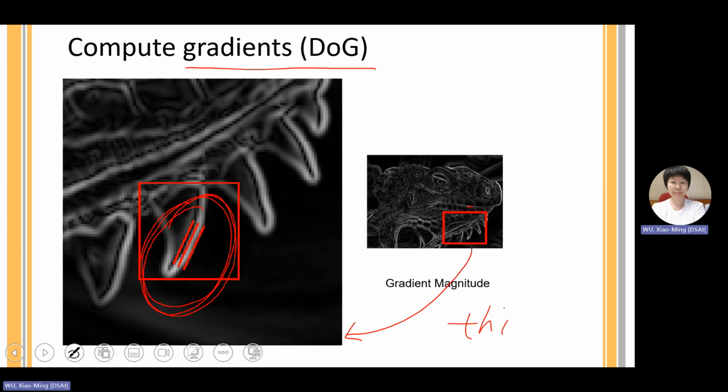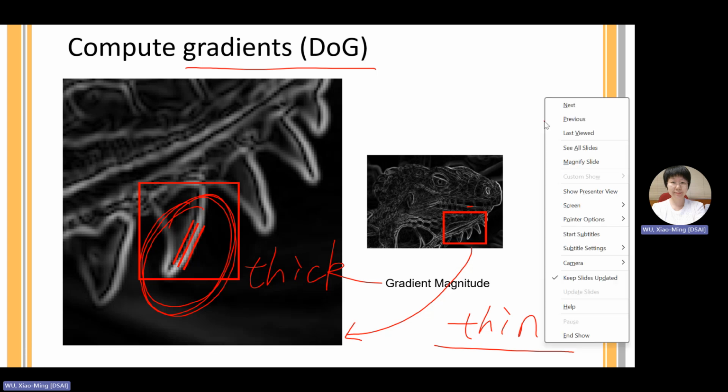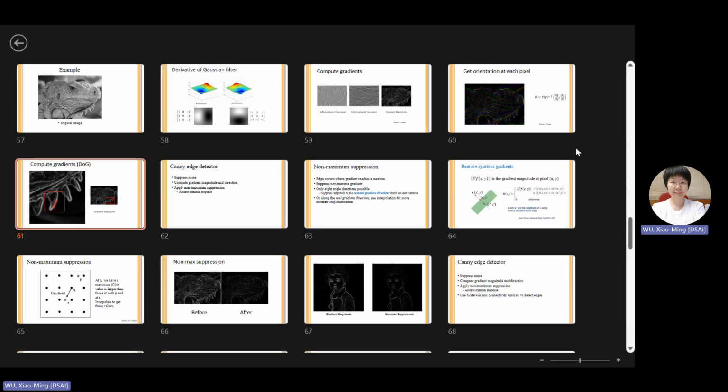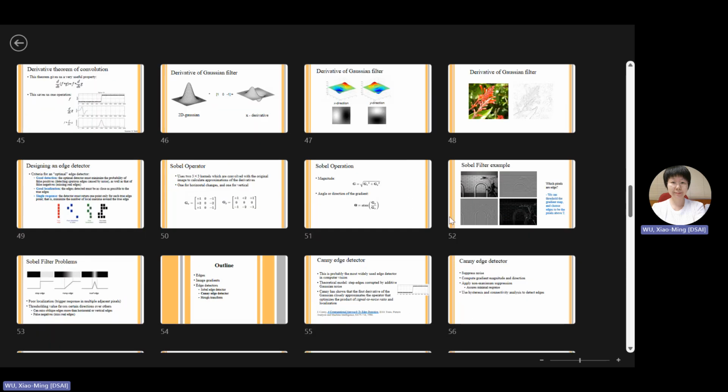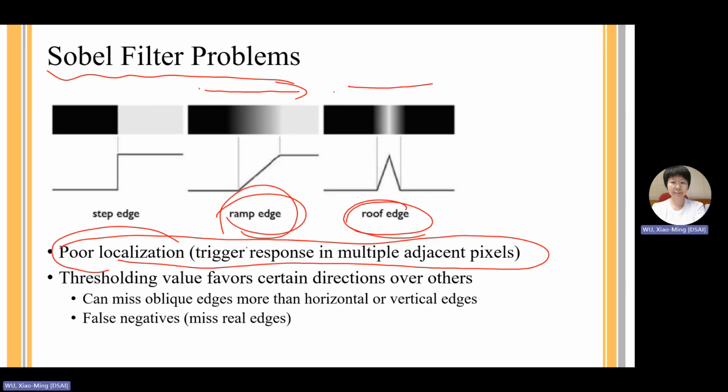What we want is a thin edge. This is a thick edge, because it triggers multiple responses. And this happens when the edges do not appear abruptly, yet they change gradually.